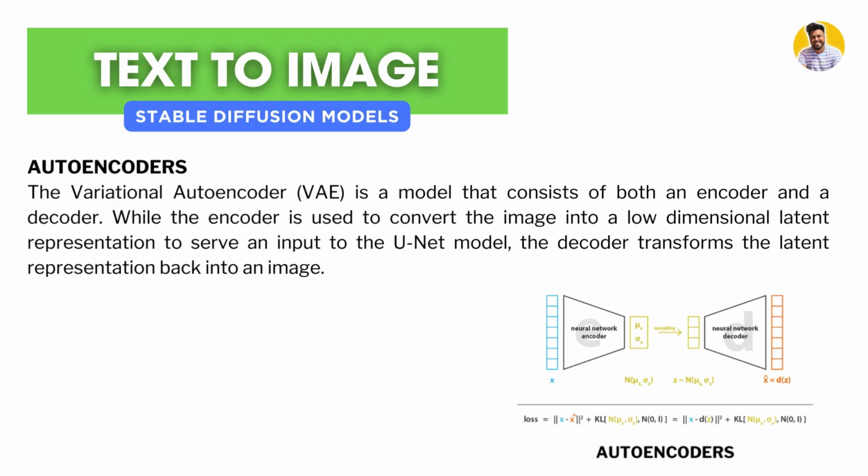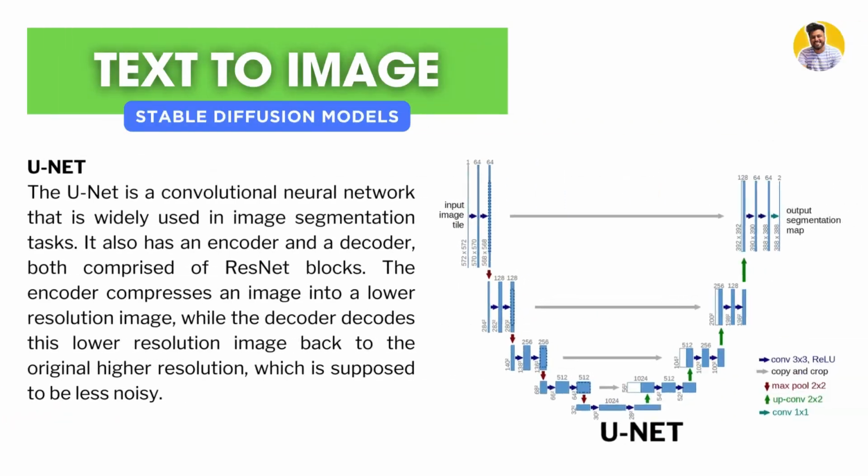Okay, so now let's learn about what this UNet actually is. UNet is a type of convolutional neural network that is widely used in image segmentation tasks, because we have to generate the complete image segment by segment. It also has an encoder and decoder, both comprised of ResNet blocks.